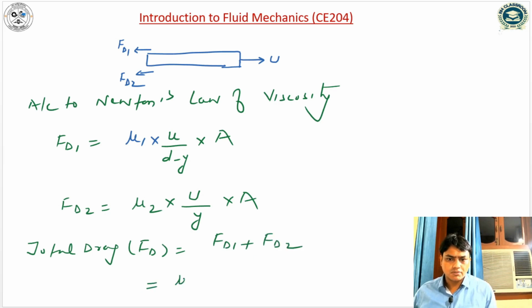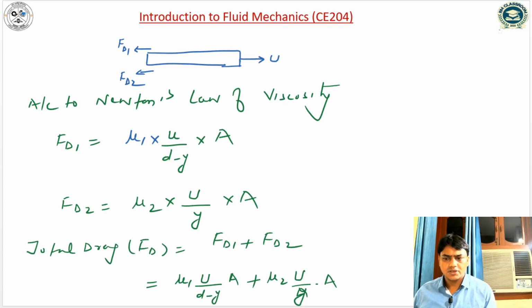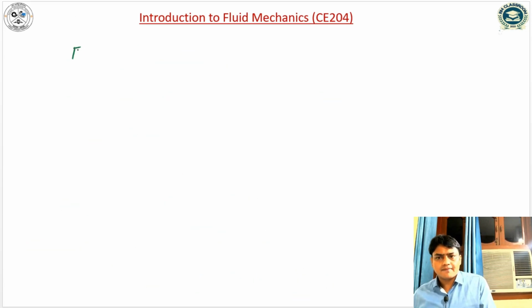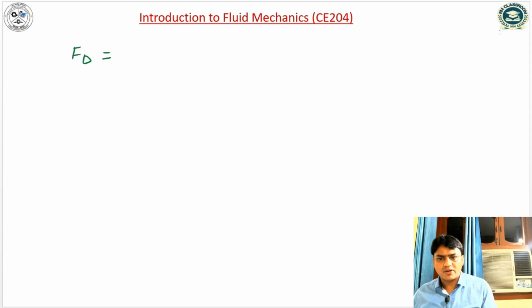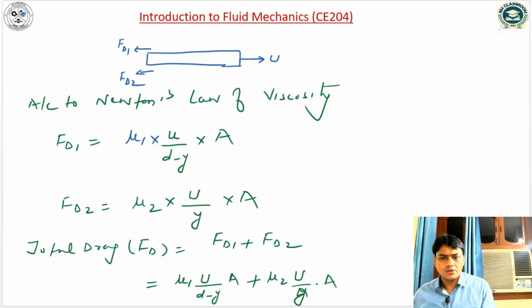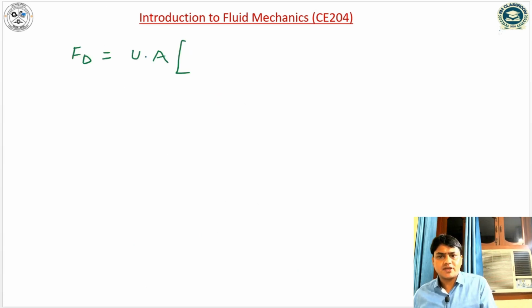So it will be mu1 into u by (d minus y) into A plus mu2 into u by y into A. So if I take common, Fd is equal to uA, because it is a constant, into mu1 by (d minus y) plus mu2 by y.